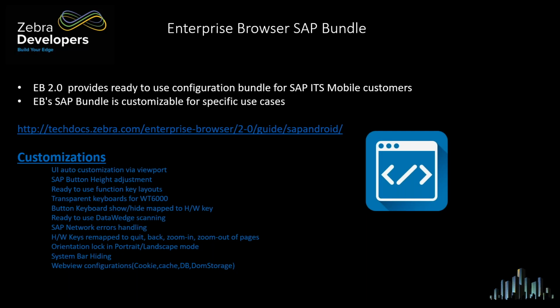If you open the keyboard, the SIP, that is the virtual keyboard, it will cover the entire screen. To avoid that, the SAP bundle can show a transparent keyboard. That option is there. Then there is DataWedge scanning. There are also some SAP-specific network errors which you can handle in this SAP bundle.